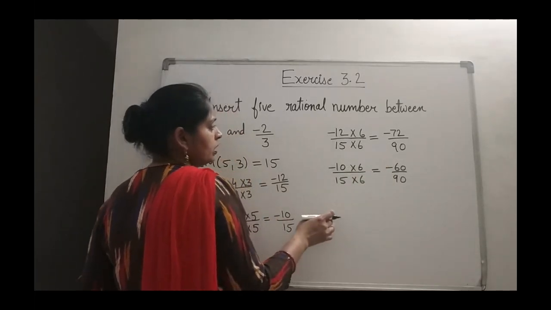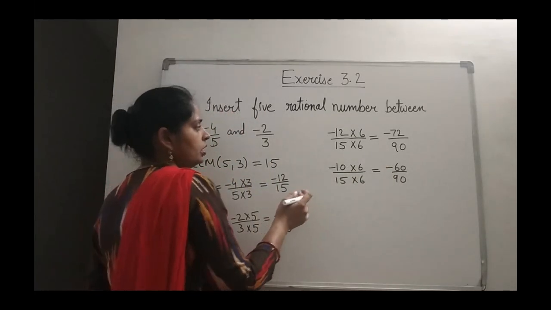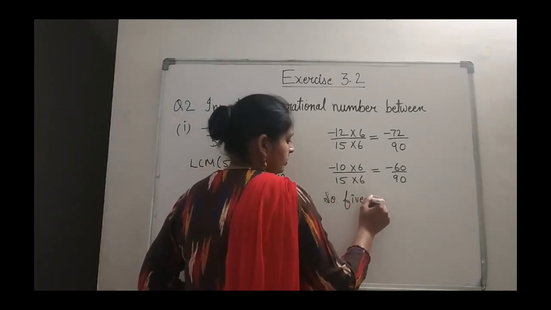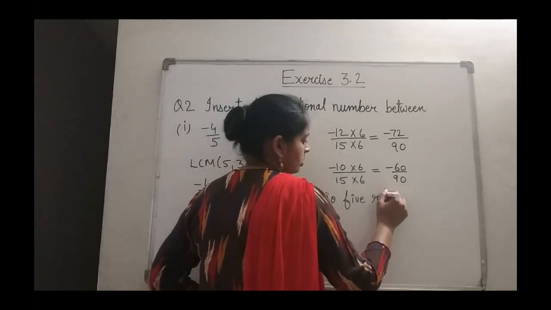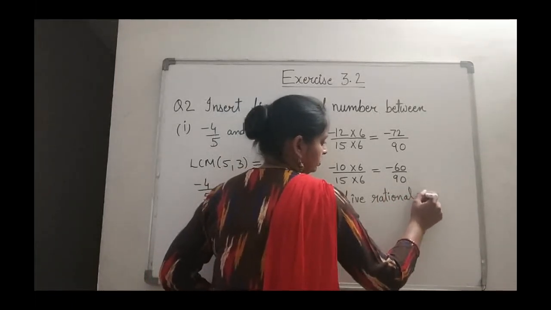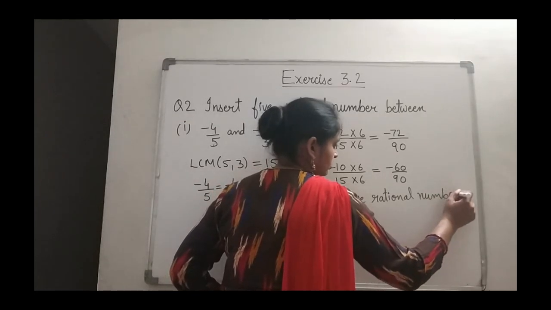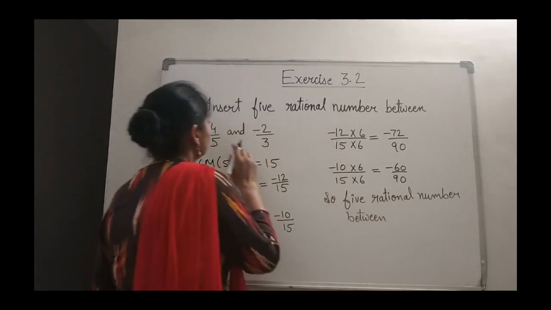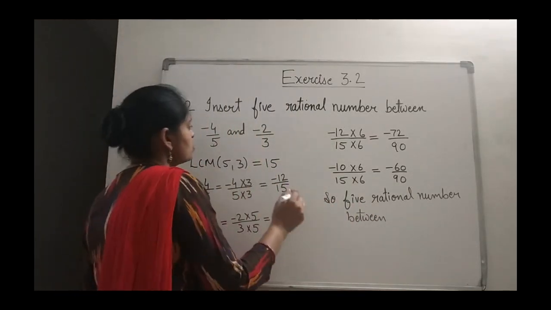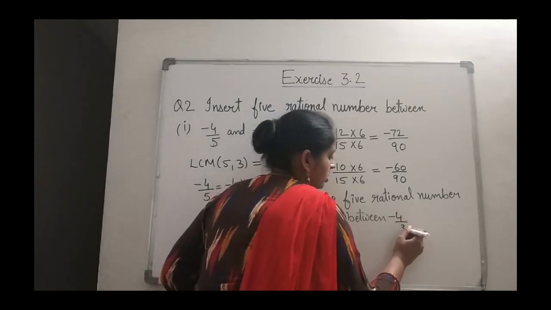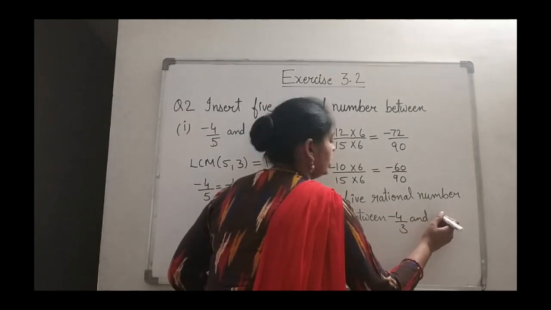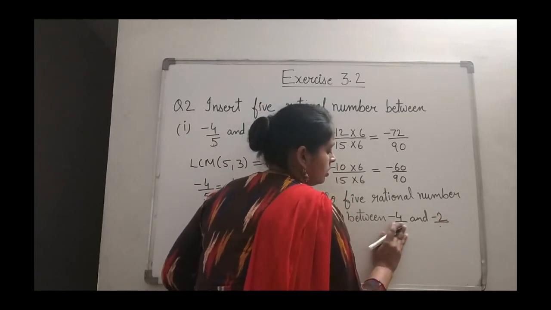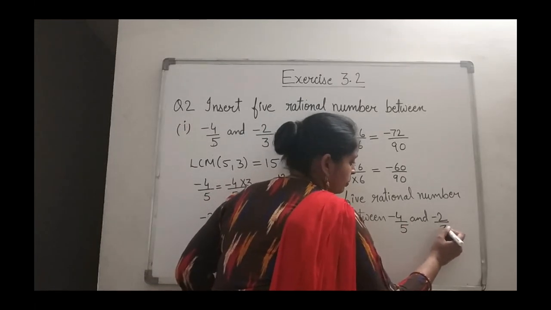They are having so many rational numbers between them and we have to write only 5 rational numbers. So we can write 5 rational numbers between which two numbers? -4 upon 5 and -2 upon 3. Because whatever numbers we have calculated are the equivalent rational numbers of -4 upon 5 and -2 upon 3.